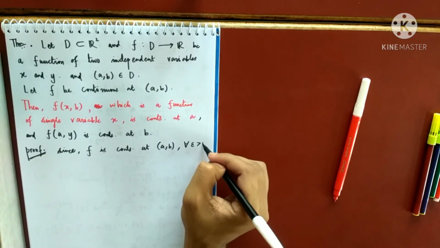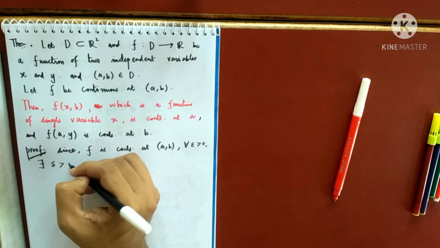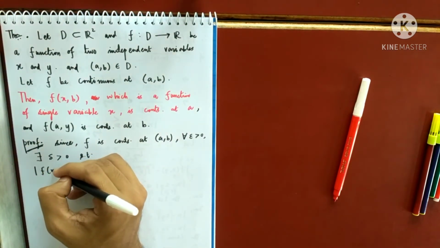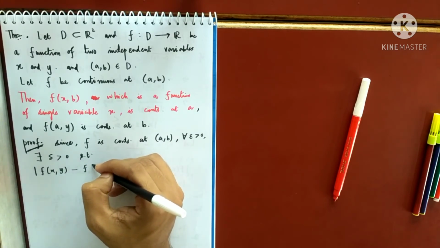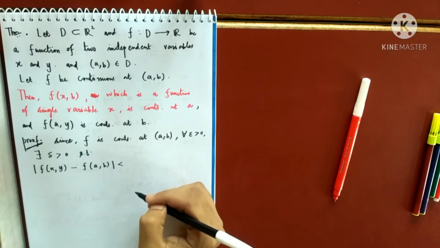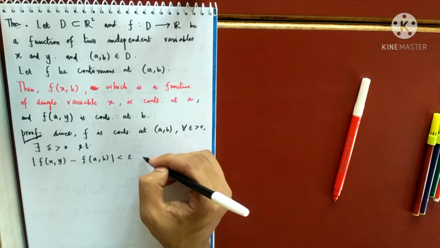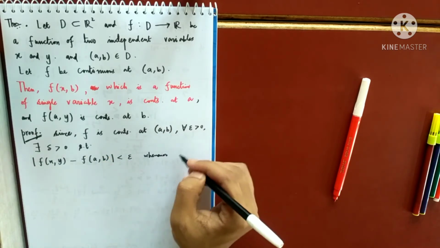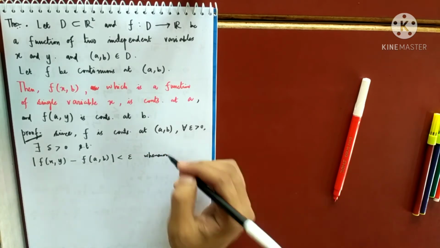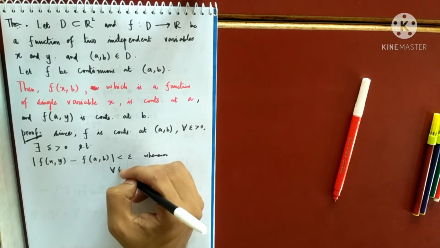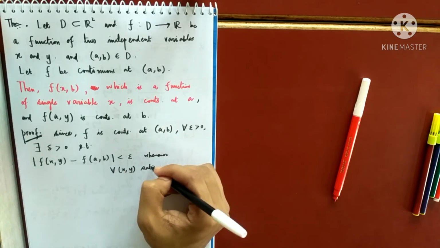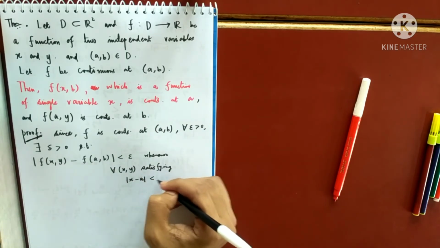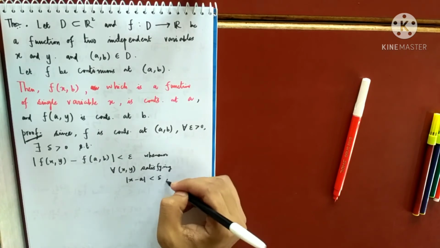For any epsilon greater than 0, there exists a delta positive such that modulus of f(x, y) minus f(a, b) is less than epsilon, whenever, for all (x, y) satisfying mod x minus a is less than delta and mod y minus b is less than delta.